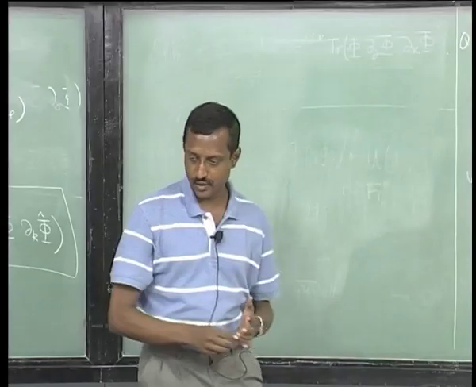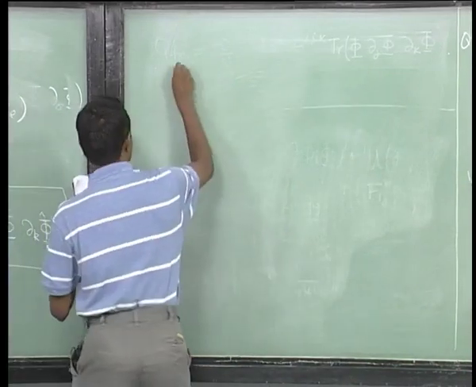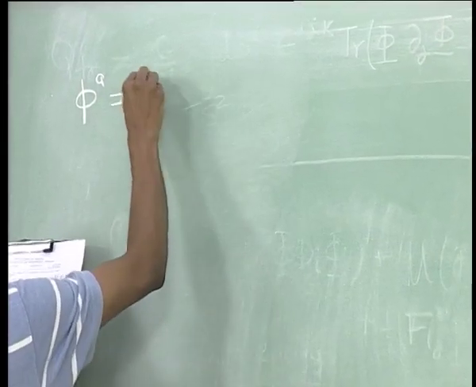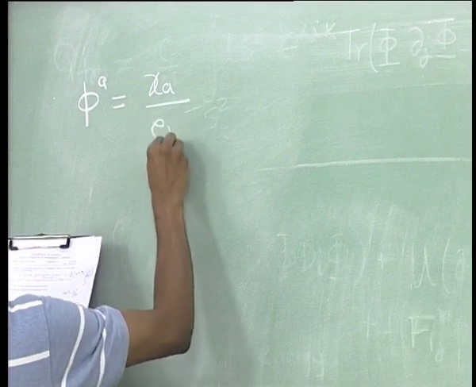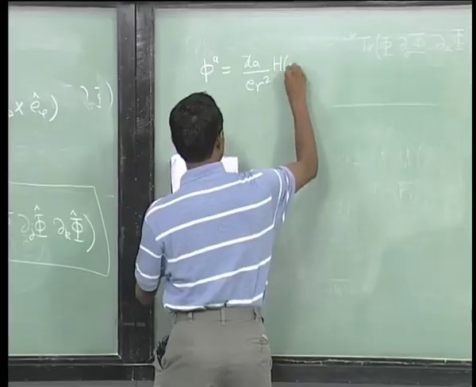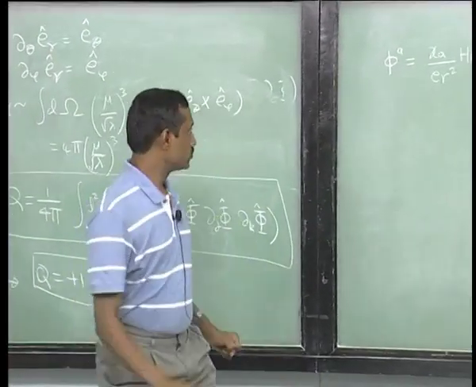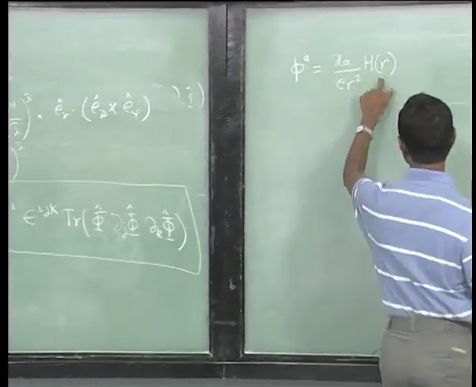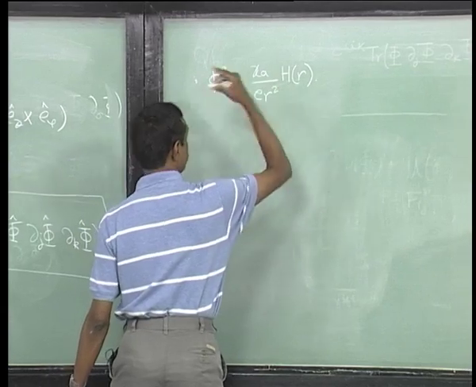If you look at the ansatz which was chosen by 't Hooft, it was just this x a by r square h of r. Okay. So this is exactly, so everywhere this actually goes to, what am I trying to say?